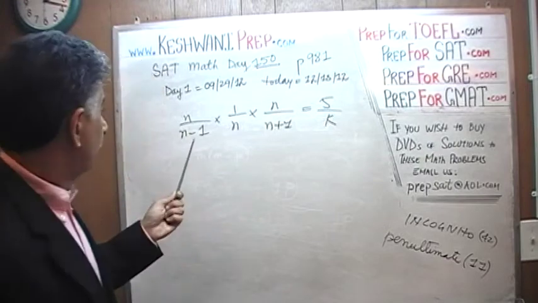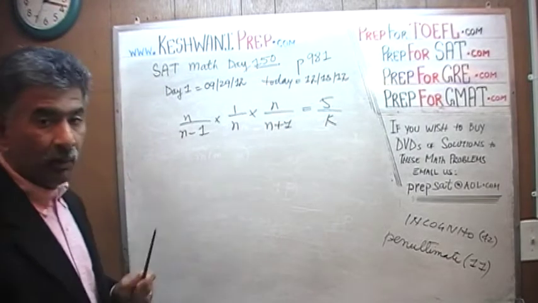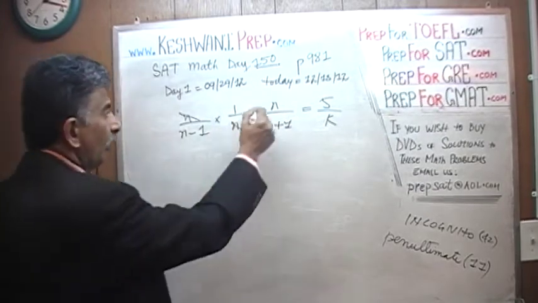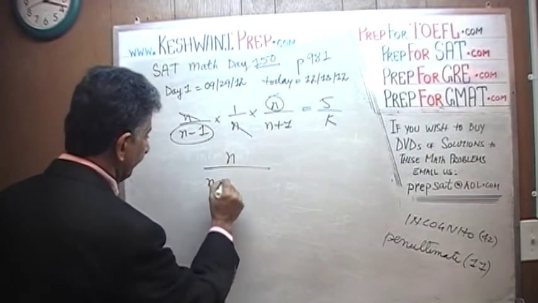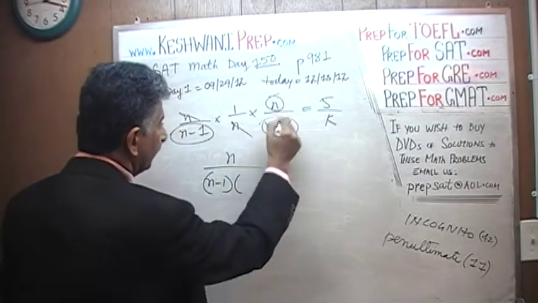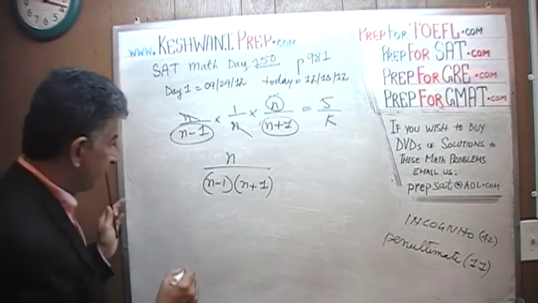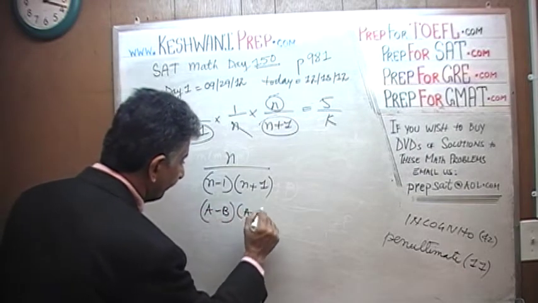There we go. Very first thing we notice is that we have an n on the top and we have the same quantity on the bottom. So they cancel out. So on the top, all we are left with is n. So it's n times 1 over n minus 1 times n plus 1. N minus 1 times n plus 1 is the same as a minus b times a plus b.